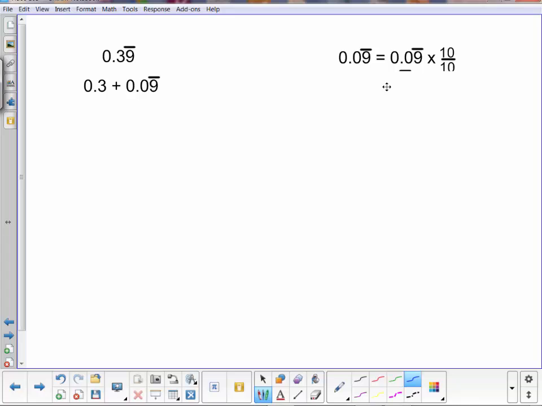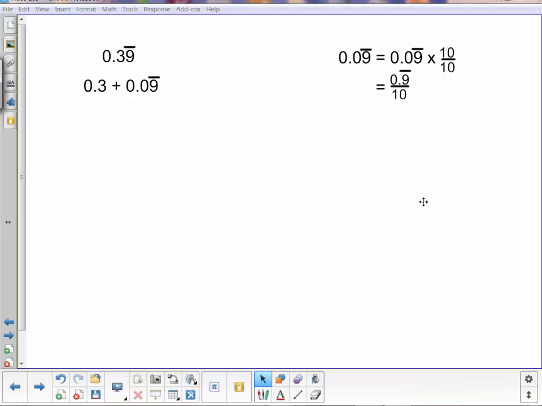Now you'll recall if I multiply something by 10 over 10, I'm multiplying it in essence by 1, so I'm not changing its value, I'm just changing its form. So notice what happens when I do this. I would obtain 0.9 bar over 10. So this right here is exactly the same mathematical value as this.